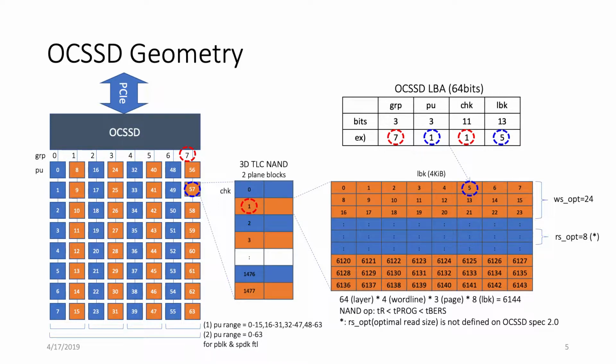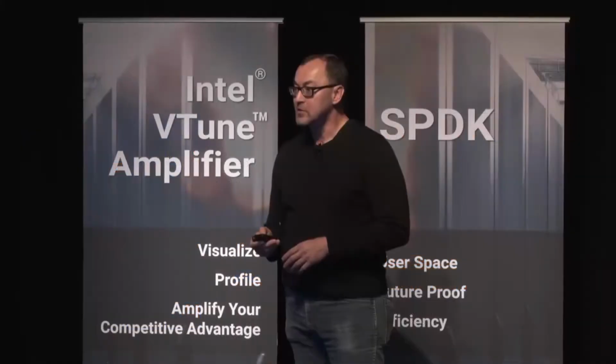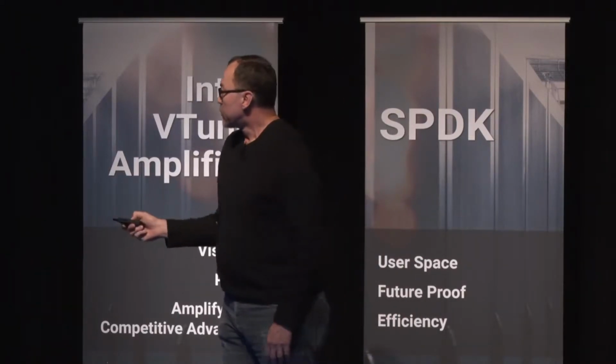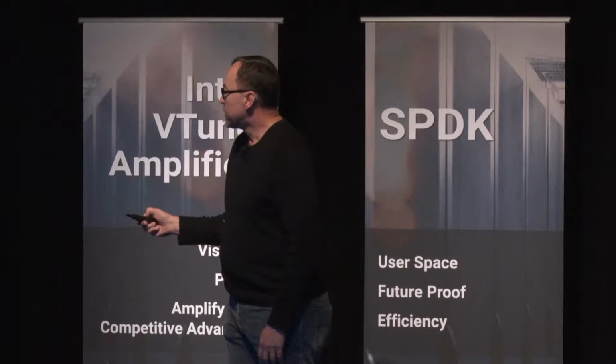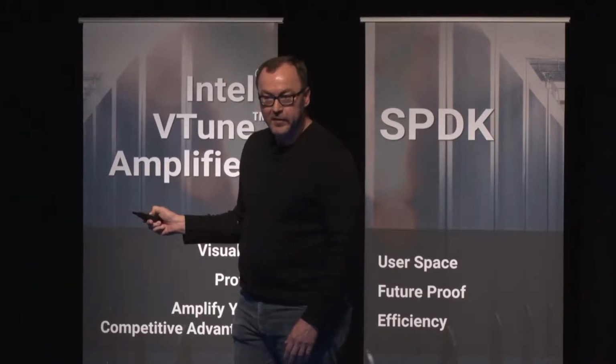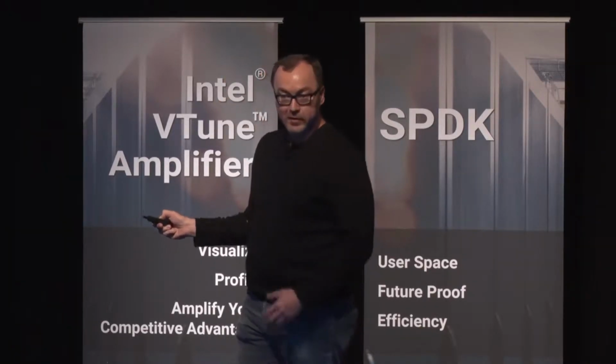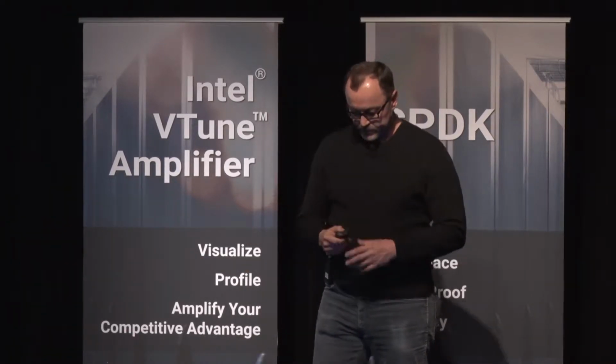The other thing to notice, and this is important for any type of NAND flash, is that the read time is always less than the programming time, and that, of course, is always less than the erase time. So keep that in mind when you look at the performance numbers.